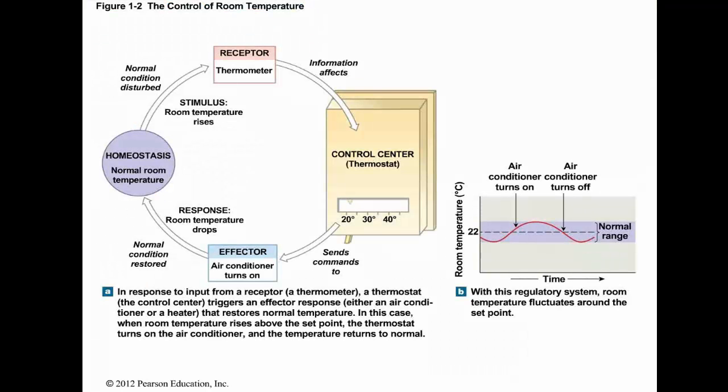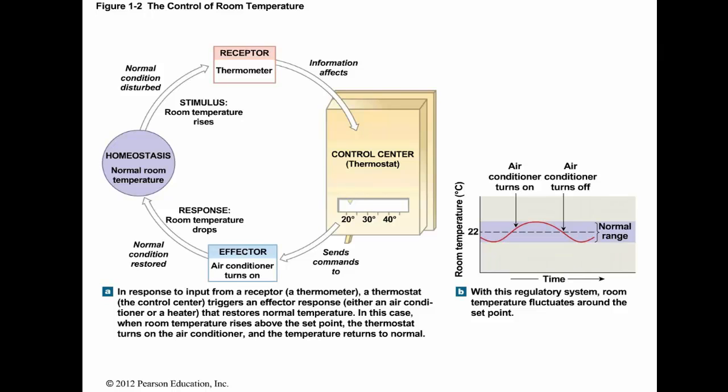So if we look at it from the point of view of temperature control and an air conditioner, we start over on the left-hand side with the purple circle, which says homeostasis, normal room temperature, and then we follow the arrows around. Something has changed in the room, which causes the room temperature to rise.